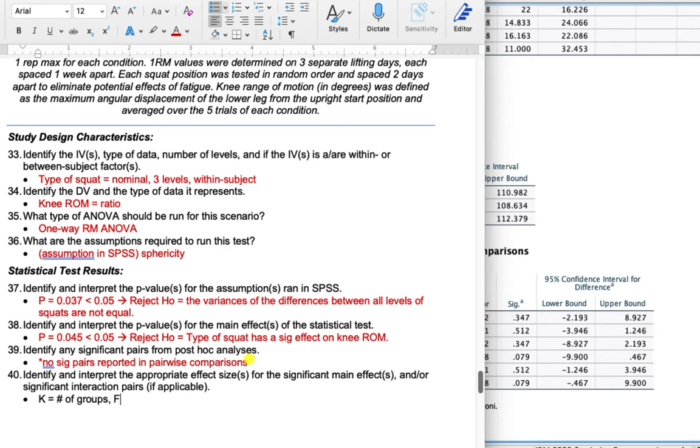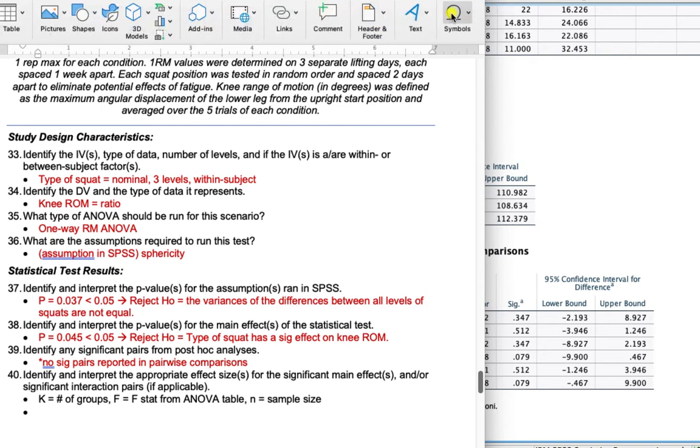We have F, which is the F statistic from the ANOVA table. And then we also have N, which is our sample size. Okay, so those are 3 things that we need to know before we can calculate our omega squared effect size.